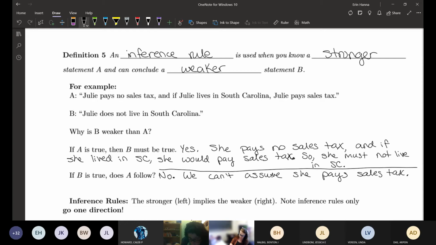She could live in Georgia and not pay sales tax.